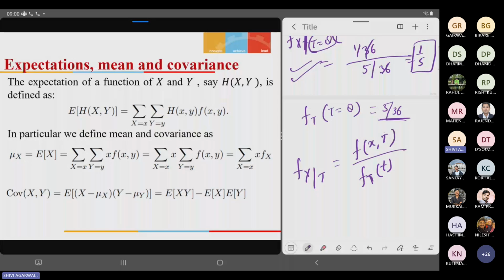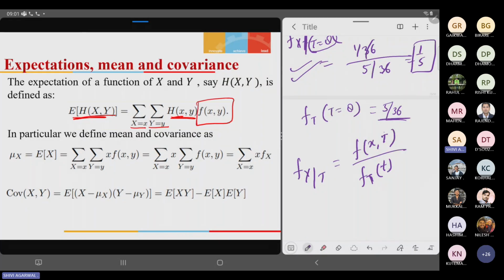Okay, so expectation, mean and covariance, which we are taking here. Expectation of any function h(x,y) can be written as summation for all x, summation for all y, h(x,y) multiplied by its density function.